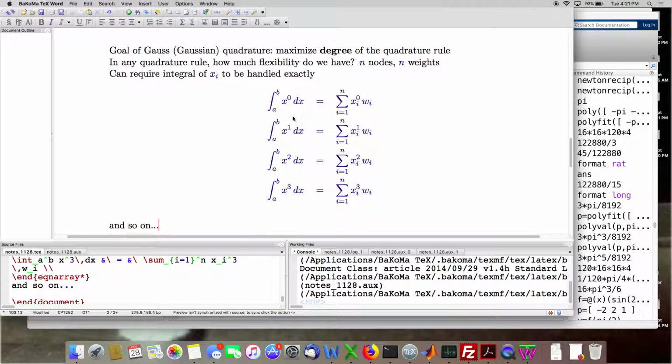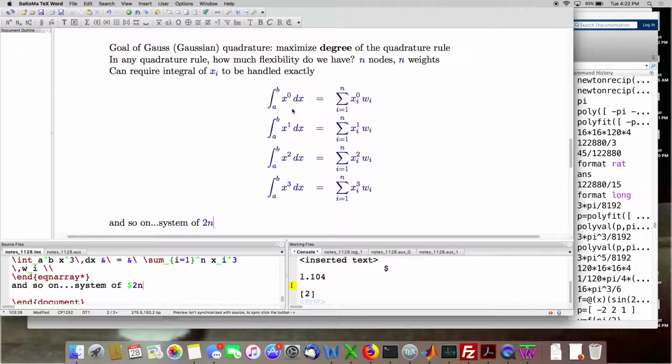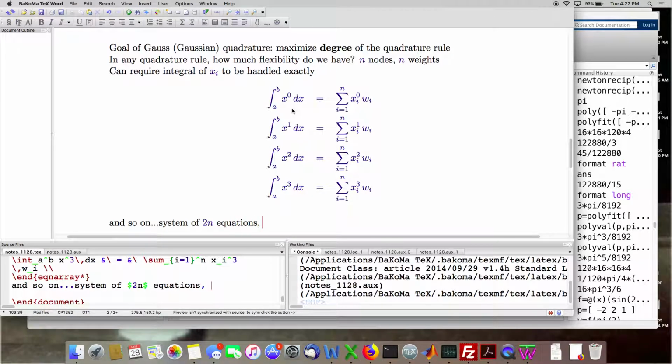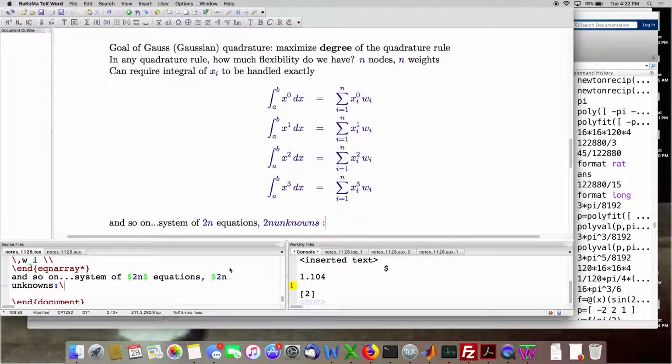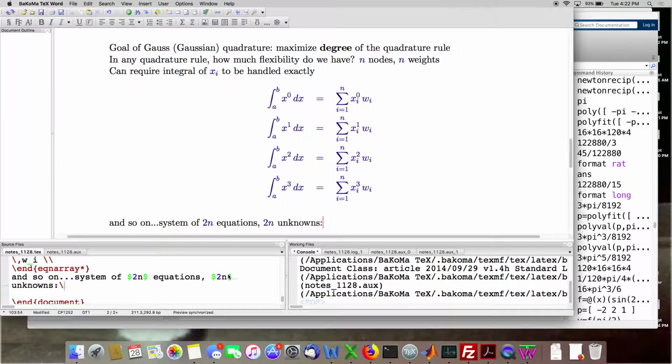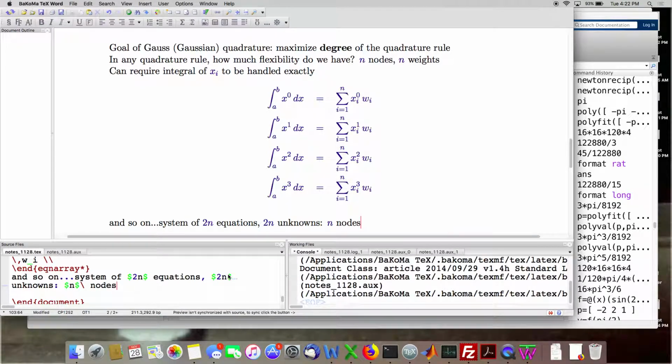All right. So in other words, I can try setting up a system of equations. It's a system of 2n equations, and then we have 2n unknowns. Those unknowns would be the n nodes, the x's, and then the n weights.